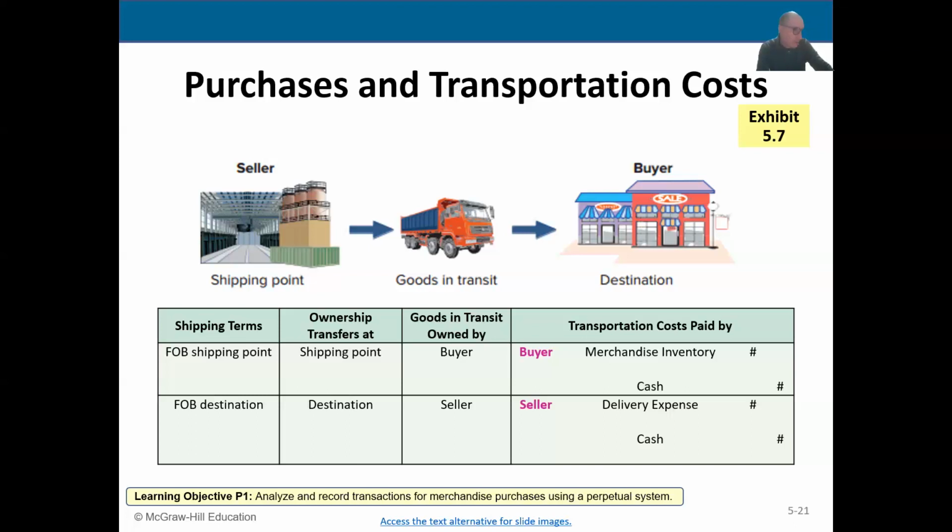Merchandise inventory went up by the shipping amount. Why? Because the total value of inventory includes insurance and shipping costs. Okay, important to know that. And then, of course, for free on board destination, the seller is responsible for that. So the seller would just debit delivery expense and credit cash.